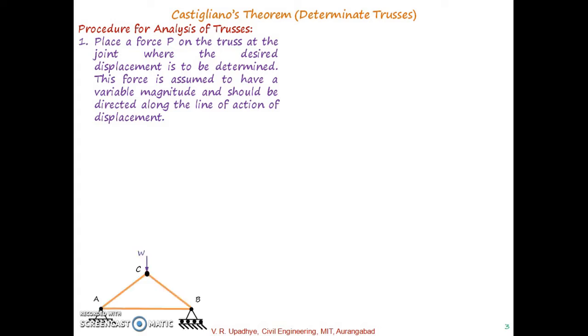Say for example, in this particular truss, if we are interested in finding the horizontal displacement at joint B, and W at joint C is the externally applied real load, then the probable deflected shape is something like this, as shown in the second diagram.